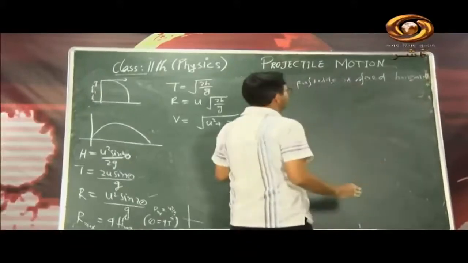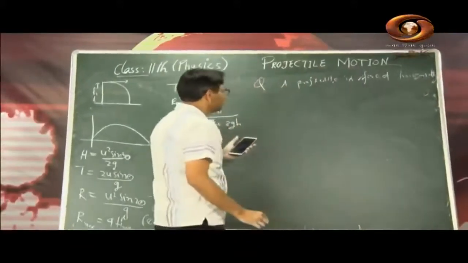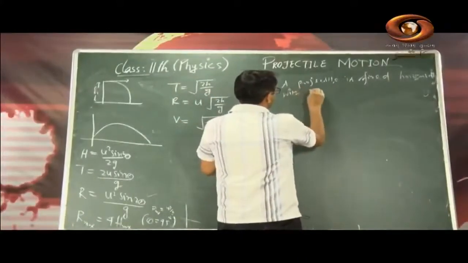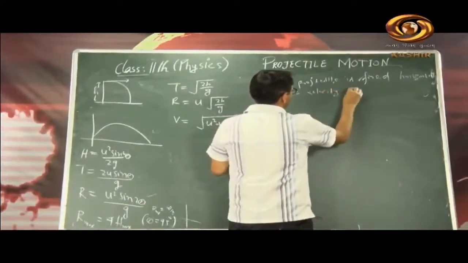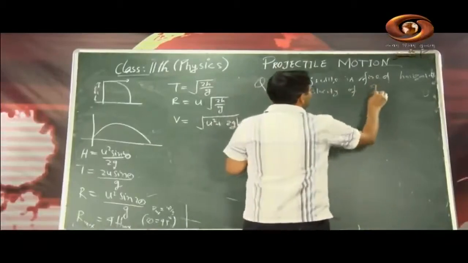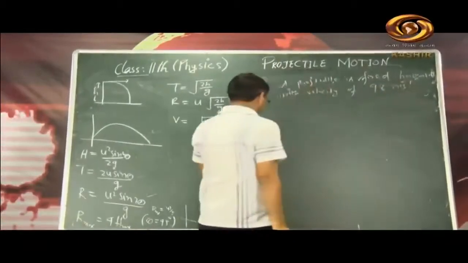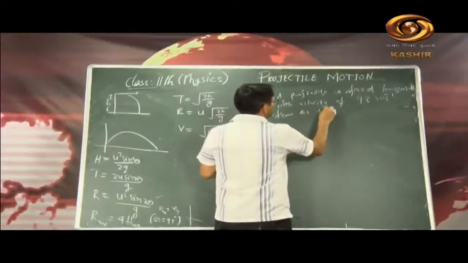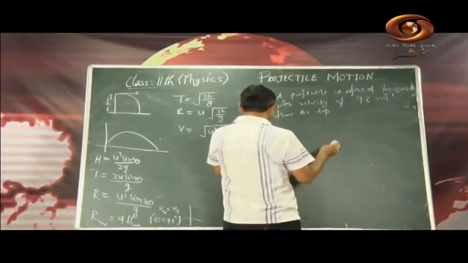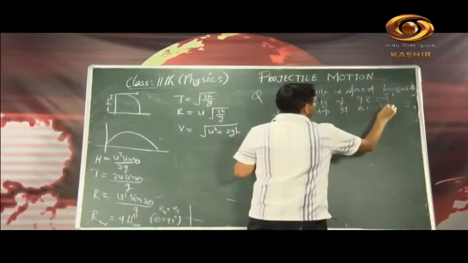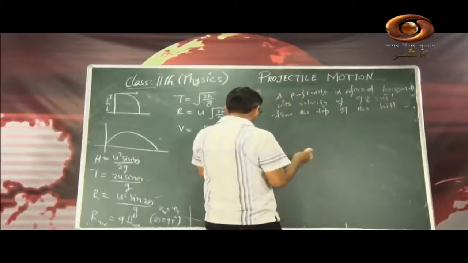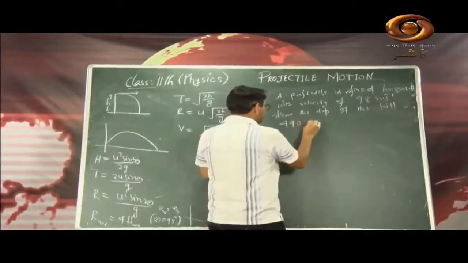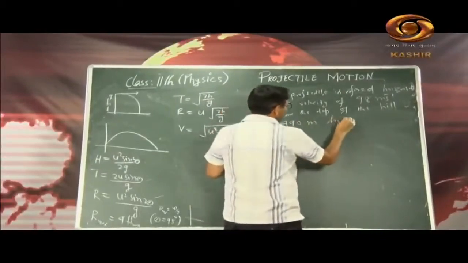So case number 1, fired horizontally with a velocity of 98 meter per second from the top of the hill, from the top of a hill 490 meters high. This is the numerical.